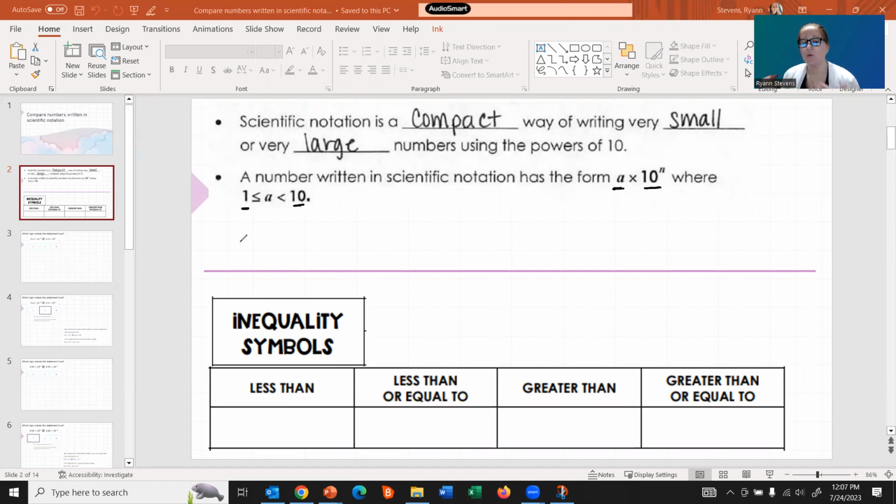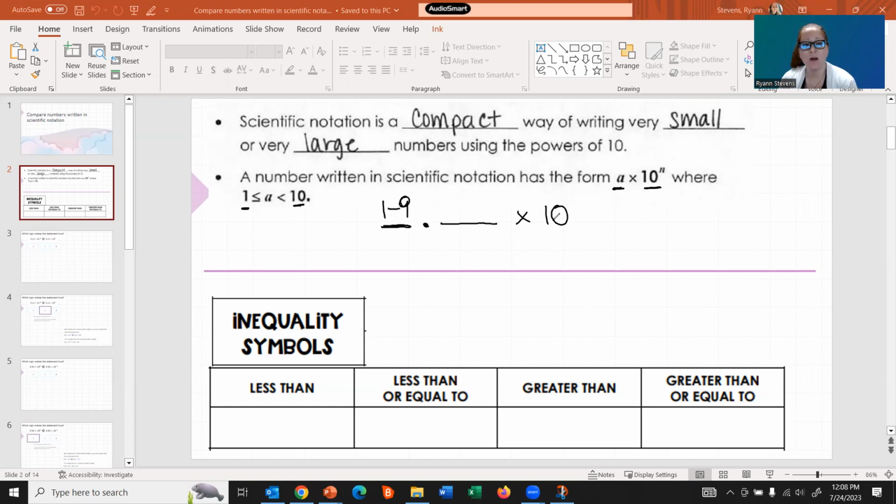So at least between 1 and 9. Okay, 1 and 9 is what that first number has to be. And then after the decimal, then you can have some more numbers. So it doesn't mean that there can only be one number. It just means that that number outside the decimal has to be between 1 and 9, and then you can have your decimal here, and then other numbers, and then your power of 10.